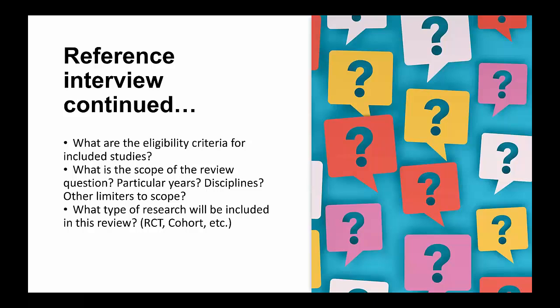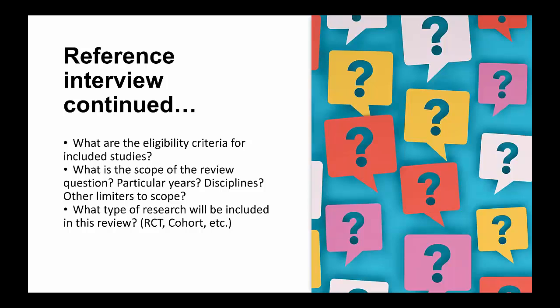Okay. So more about the reference interview. After I've gotten from them the question and we've started talking about, well, maybe that's this review, that review, I'll start trying to ask them for more information. So I might use the term eligibility criteria. Sometimes if they're really new, I might use a phrase like, tell me the characteristics of a study.